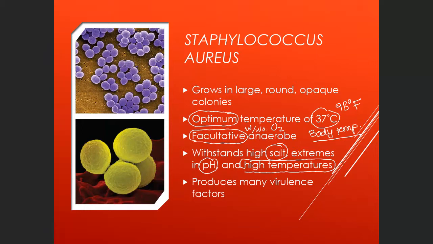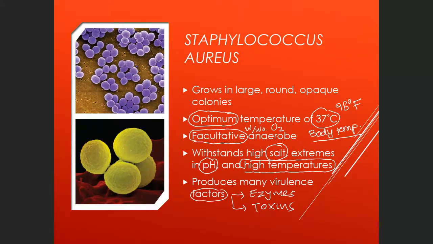Okay, so these are some characteristics of Staphylococcus, and they produce many virulent factors. Remember, virulent factors are mostly enzymes and toxins. There may be some other chemicals used as virulent factors for this bacteria.